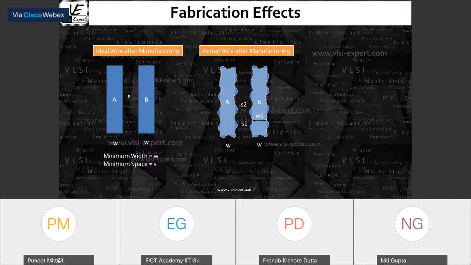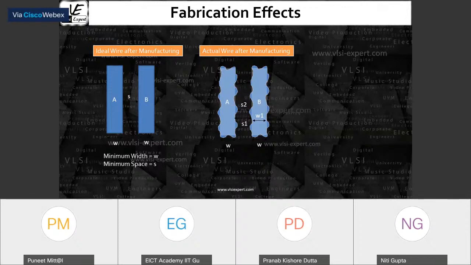How did this structure come? Then again, there is a whole physics, and those who are from college, they are doing the research, they know very well. This structure is basically coming because of certain manufacturing defects in the process.